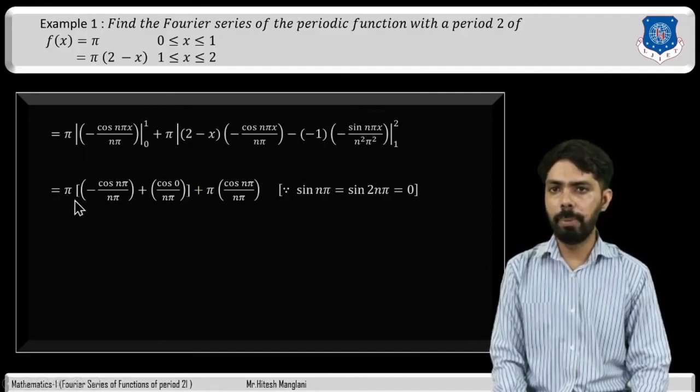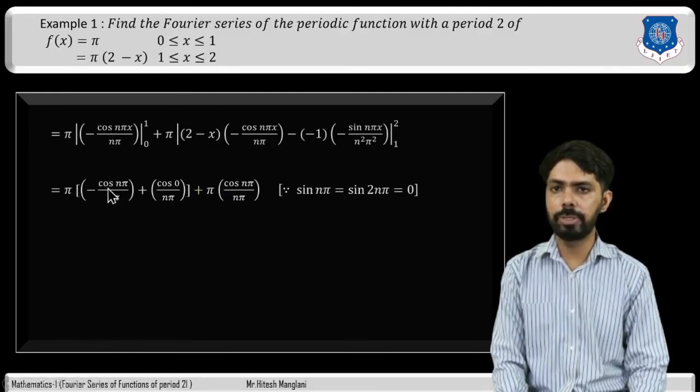So finally it will be pi in bracket minus cos n pi divided by n pi plus cos 0 divided by n pi plus pi into cos n pi divided by n pi. So here if we simplify this result, then here it will be minus pi cos n pi divided by n pi, and here it is plus pi cos n pi divided by n pi.